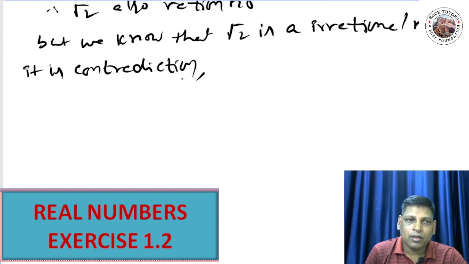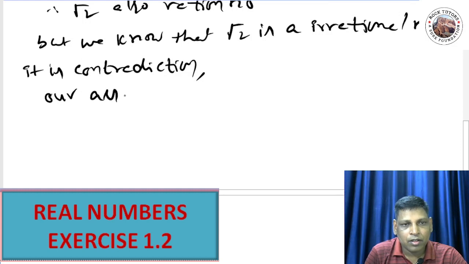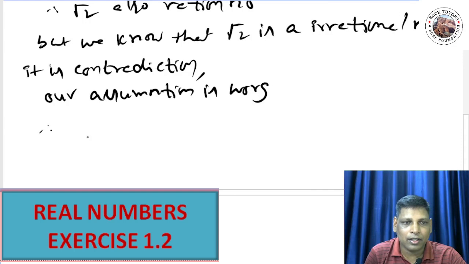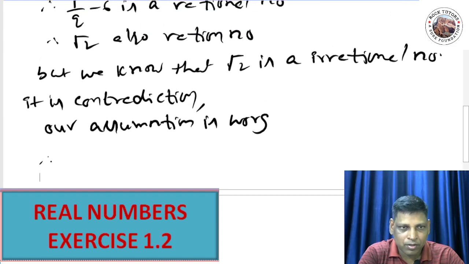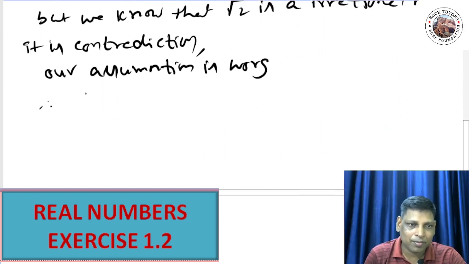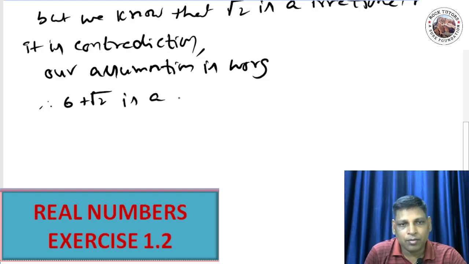Our assumption is wrong. Therefore, we can say that 6 plus root 2 is an irrational number. Hence proved.